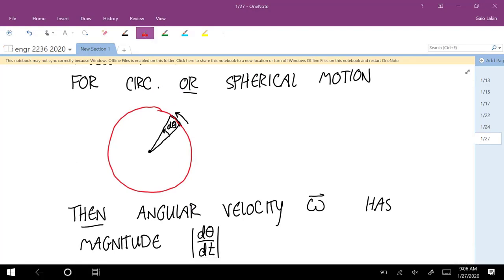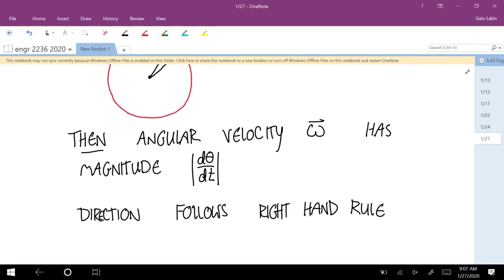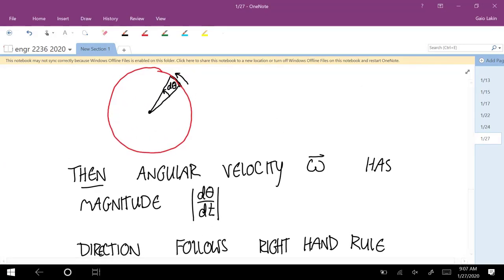Okay, let me go back to this circle. So even though this is just a tiny infinitesimal sliver of this circular path, to figure out the direction, just imagine the full circular path and make your fingers curl in the direction of that circular path, and your thumb gives the direction of the angular velocity.